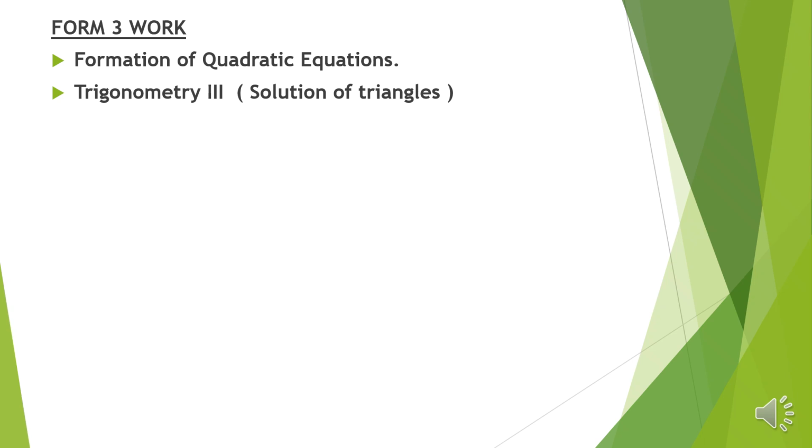Form 3, commonly tested topics in Form 3, we have formation of quadratic equations. We have trigonometry 2, solutions of triangles. That is Form 3, where you'll be asked to use a cosine rule, you'll apply sine rule, and so on.